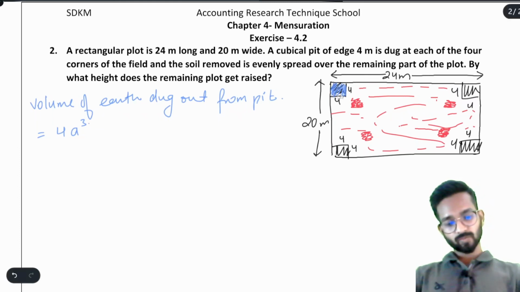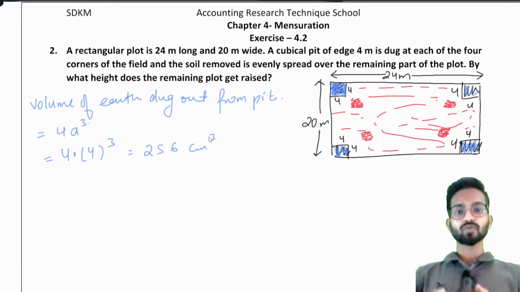We have 4 corners, so the total soil dug out is 4a cube, that means 4 into 4 cube, because the edge is 4. 4 4s are 16, 16 4s are 256 cubic units. This much volume of soil you got.